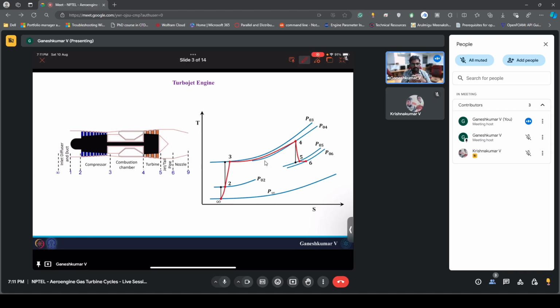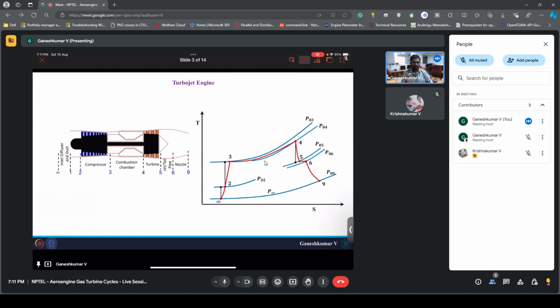That's because it's an adiabatic process from 5 to 6. When the flow goes from the exit of the turbine to the inlet of the nozzle, we can assume that it's an adiabatic process. That's why you see a straight line. Temperature doesn't change.